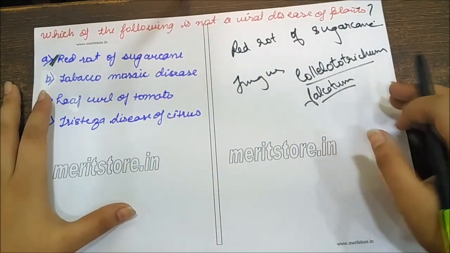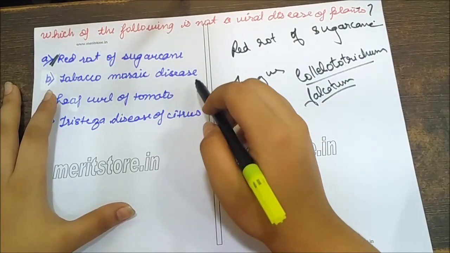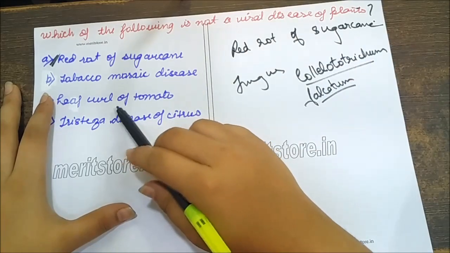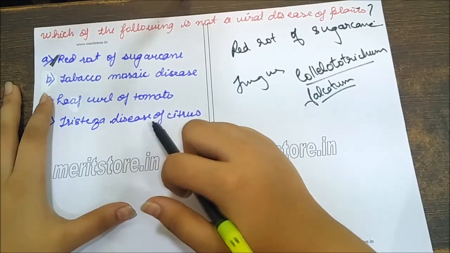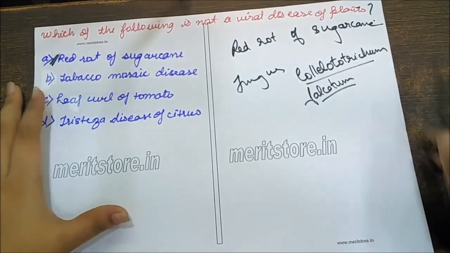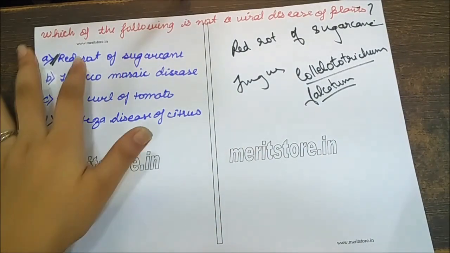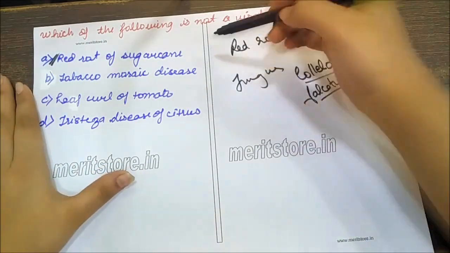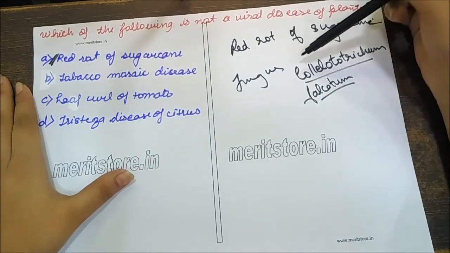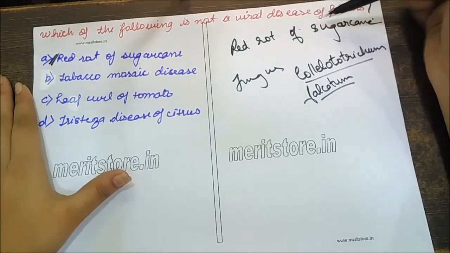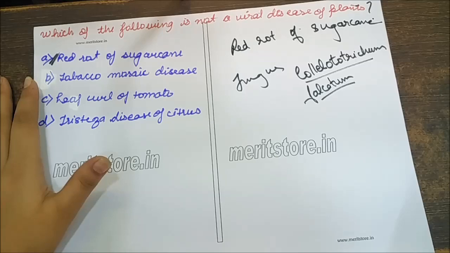So, red rot of sugarcane is not a viral disease of plants. Tobacco mosaic virus is a viral disease. Leaf curl of tomato is also a viral disease of plants. And Tristeza disease of citrus is also a viral disease. So, Colletotrichum falcatum is the fungus in the red rot of sugarcane, which reduces the juice content of canes and brings about withering of leaves.